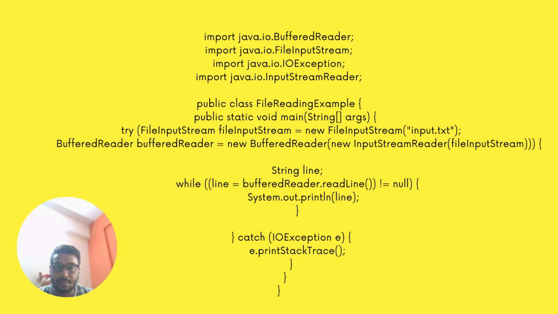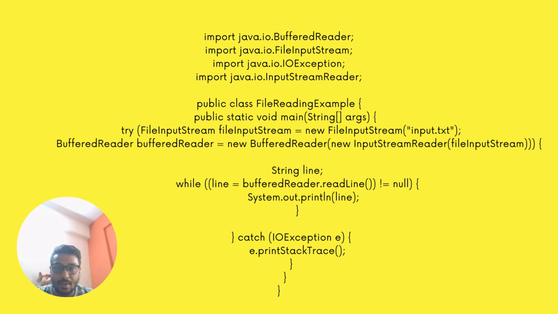We are reading a file from a text file with BufferedReader, then we created the file and are reading the input stream. We check the while condition: if the line read from the BufferedReader is not null, then we read it line by line.